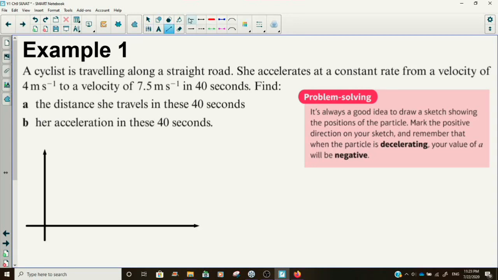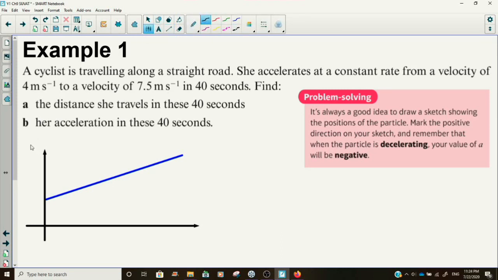In example 1, we have a cyclist travelling along a straight road, and she accelerates at a constant rate from a velocity of 4 meters per second to a velocity of 7.5 meters per second, and that takes her 40 seconds. Let's start off by sketching that velocity time graph. Okay, something like that.